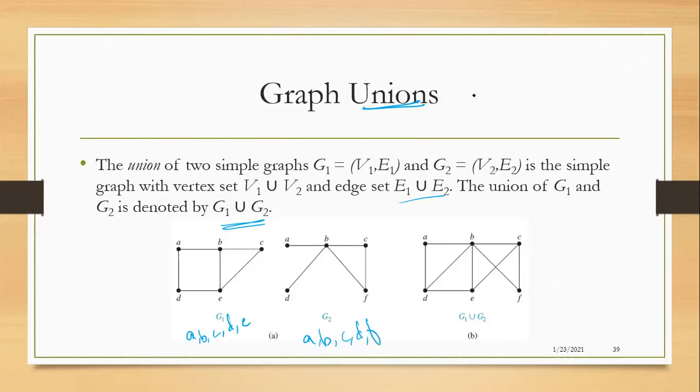So in the G1 union G2, how many vertices will I have? I'll have all the 6 vertices, that is A, B, C, D, E and F.